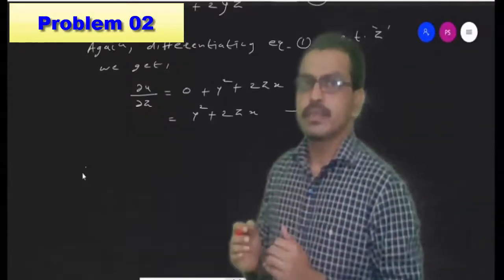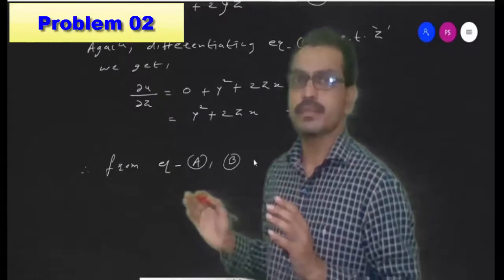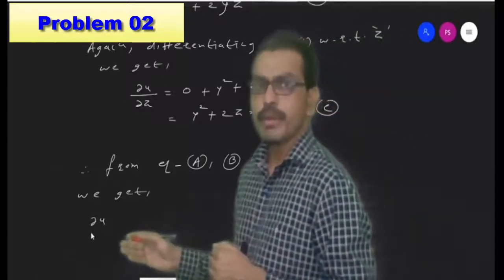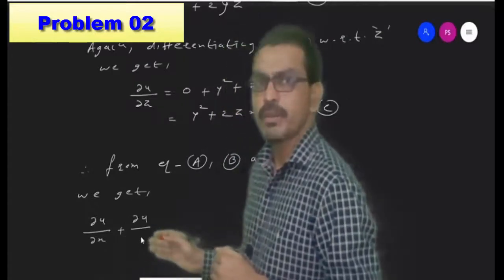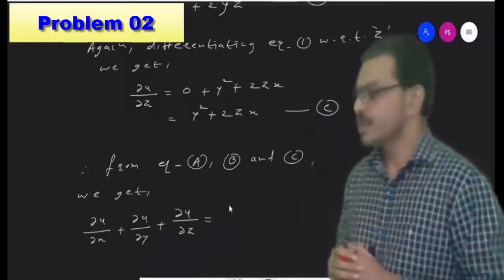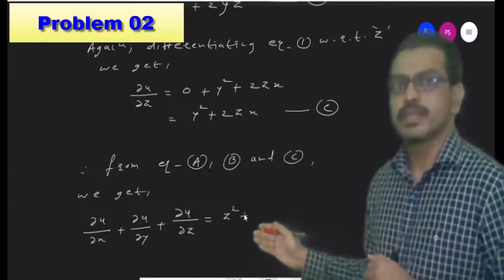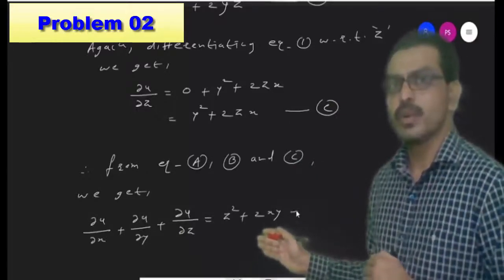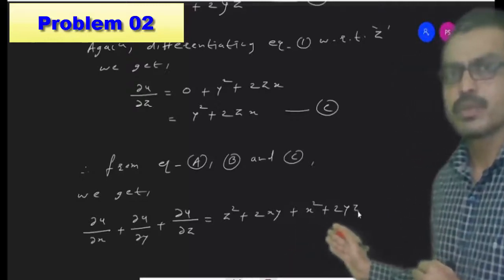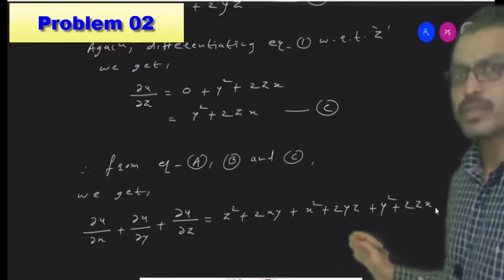Now we are adding equations A, B and C. We get ∂u/∂x + ∂u/∂y + ∂u/∂z is equal to, now put the values: ∂u/∂x is z² + 2xy, the value of ∂u/∂y is x² + 2yz, and the value of ∂u/∂z is y² + 2zx.